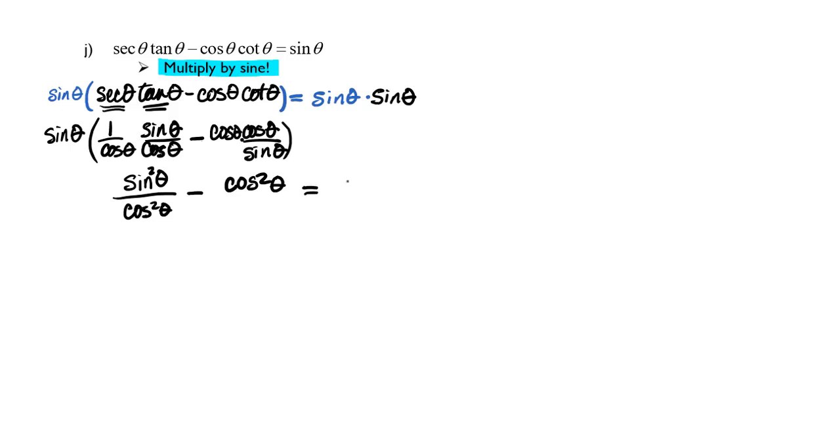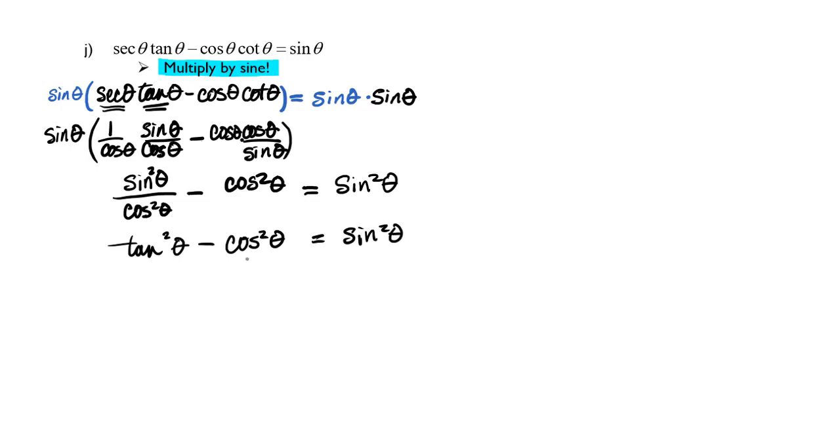On the right side of my equation, I have sine squared theta. This gives me tangent squared theta minus cosine squared theta equals sine squared theta.